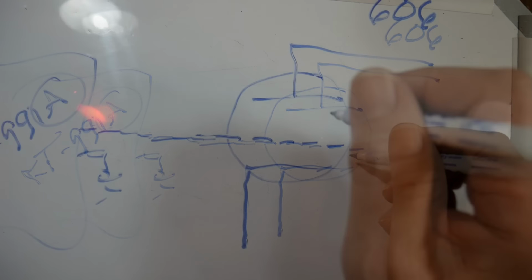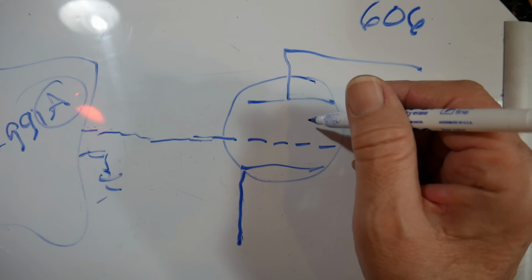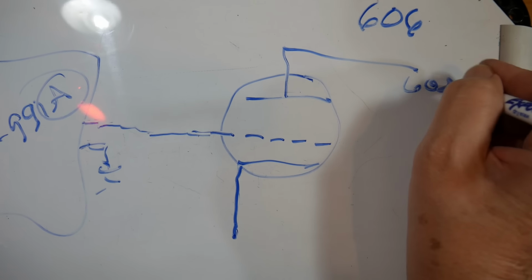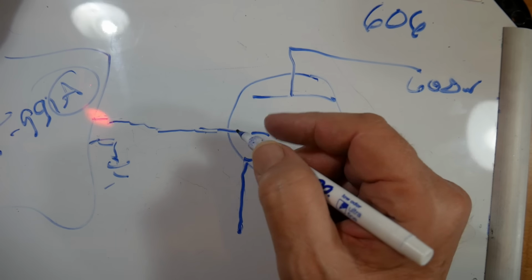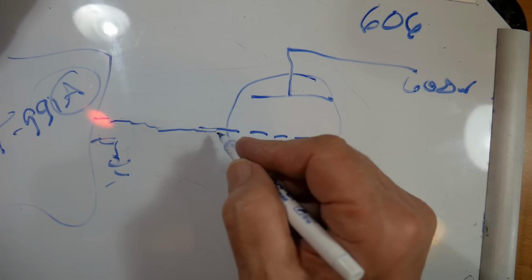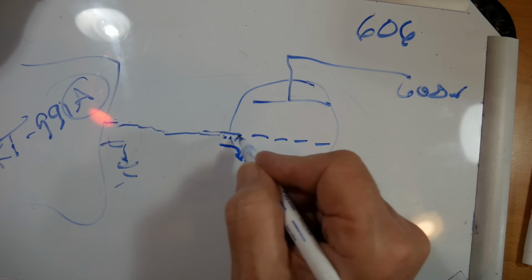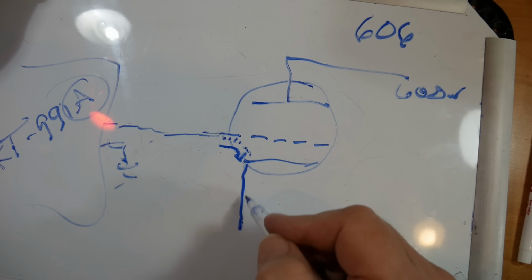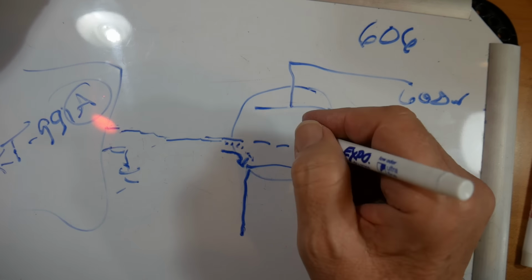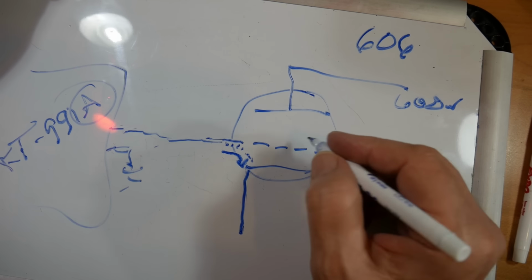Now, what happens? In order to drive this tube to get up to 600 watts, there has to be a period of time when there is current flowing. We'll take electron flow. Electrons are going to flow from the cathode up to the grid, which means current goes in and out the cathode. In the meantime, we're going to make this positive here.